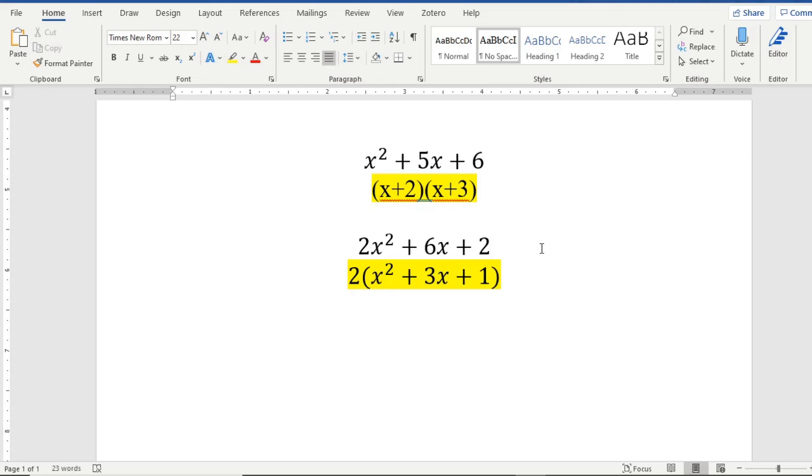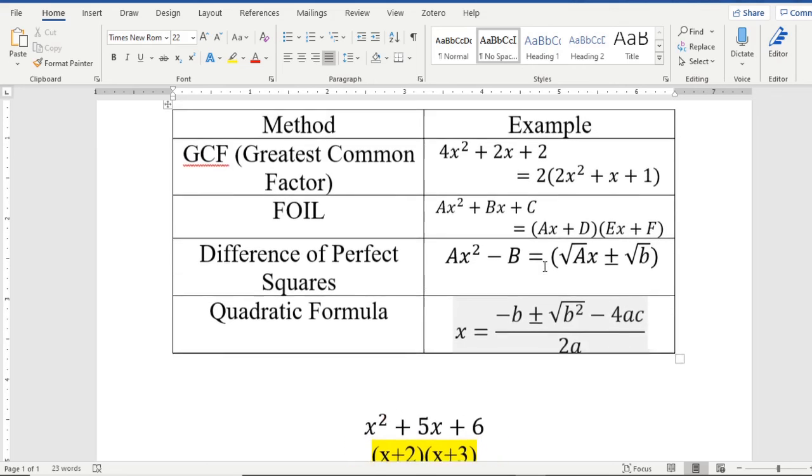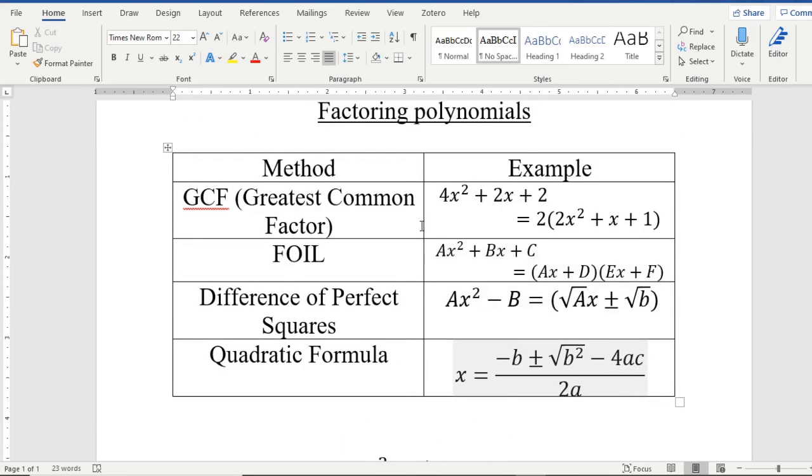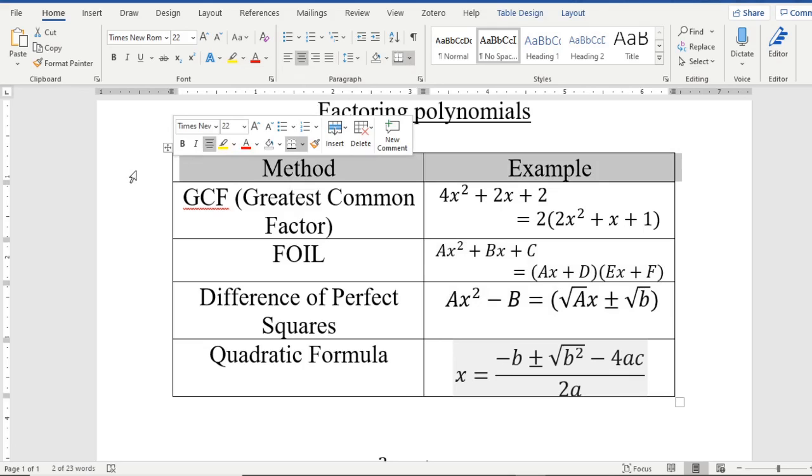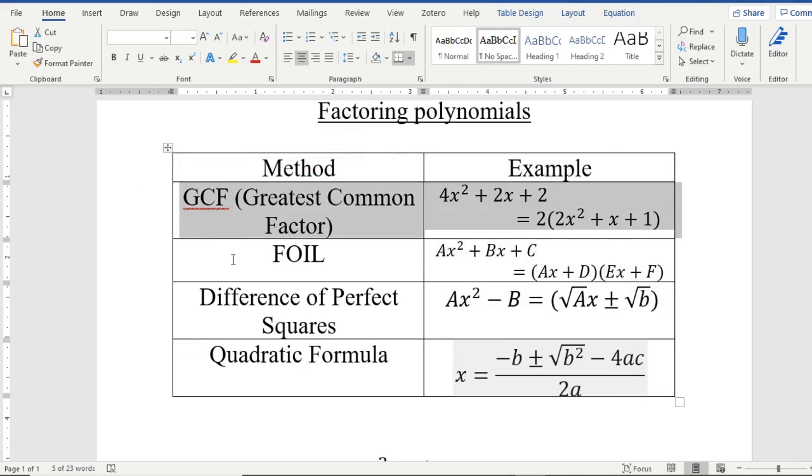See, each one of these will look different, but are doable based on this chart I have here. This is the thing we always want to work with, these methods. So greatest common factor is where we start for everything. If that doesn't work, we move to the next one, FOIL.